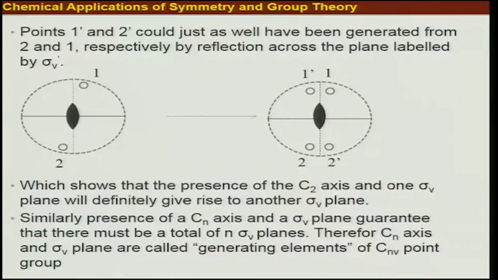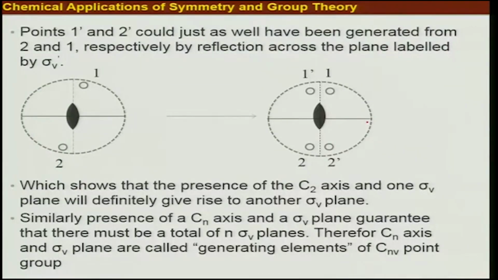What is on your screen is what I just said, that this 1 prime and 2 prime could be generated from a reflection of the points 2 and 1 through a reflection plane here. So from this example you find out that the presence of a C2 axis and 1 sigma v plane will definitely give rise to another sigma v plane.